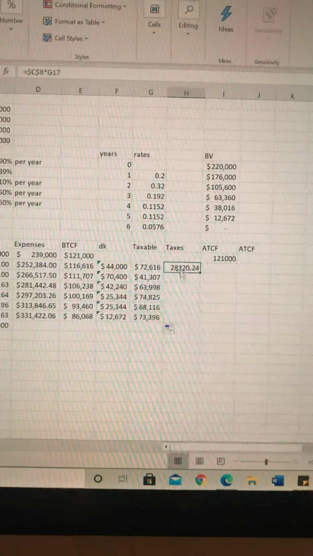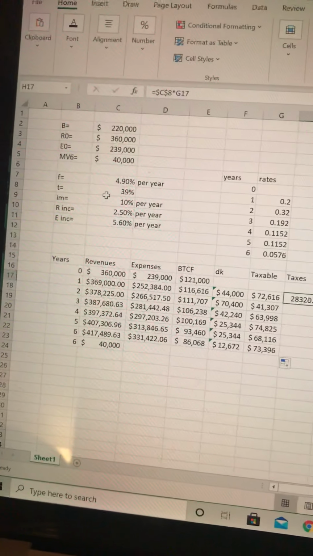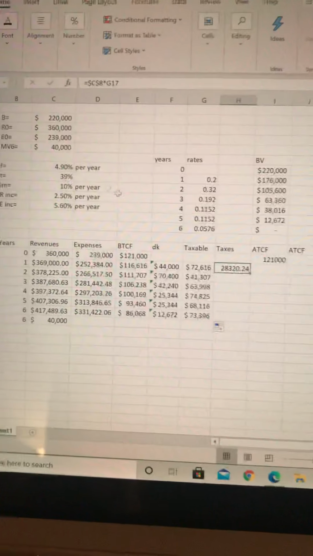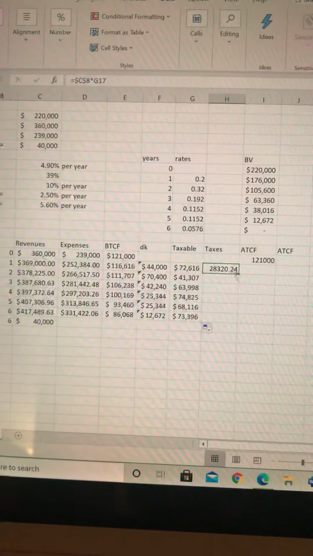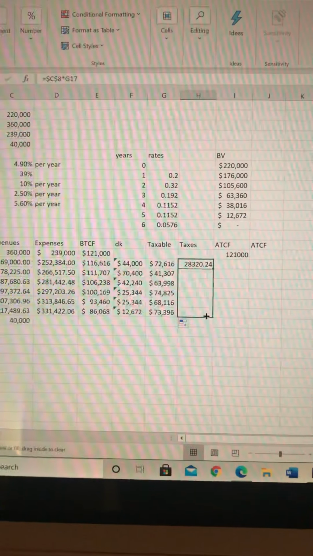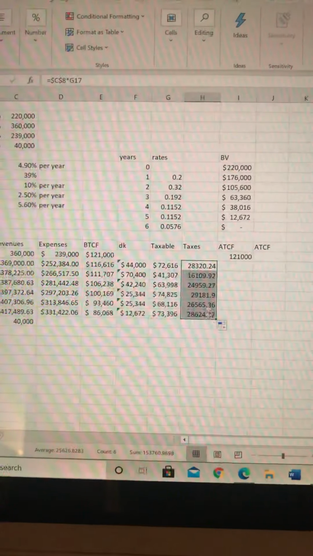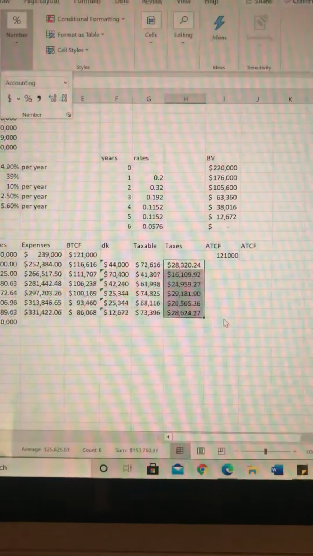And then for the tax value, we're going to take this value and multiply it by the tax rate that we're given in the problem. So let me format this into dollar amounts.